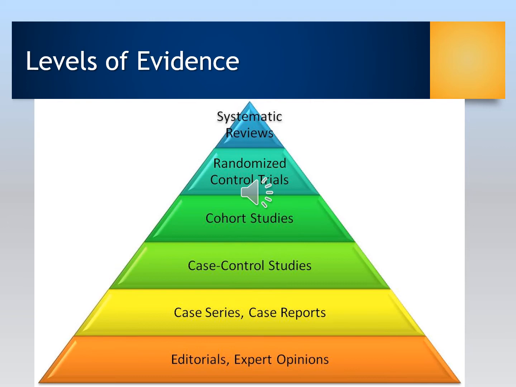So up at the top are systematic reviews, followed by randomized controlled trials, cohort studies, case control, case series, and editorials. So you can see way at the top is the most rigorous, the most comprehensive type of research evidence, and I'll describe that in just a minute. And then it's followed by randomized controlled trials. So let's look a minute at systematic reviews and have an understanding about why they're at the top of the evidence chain.